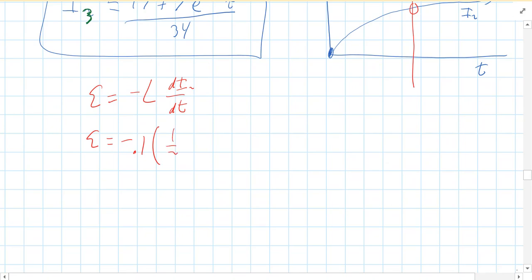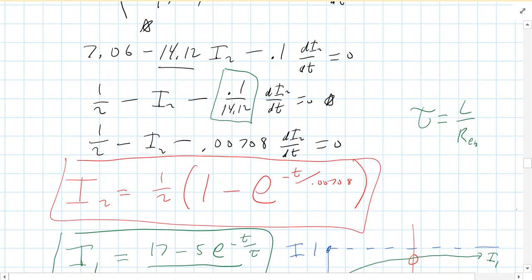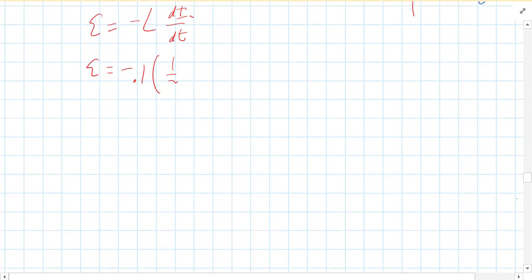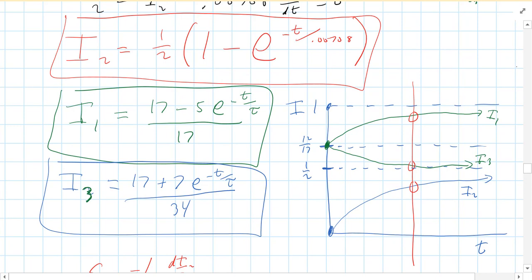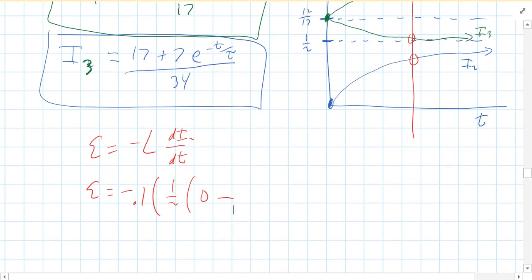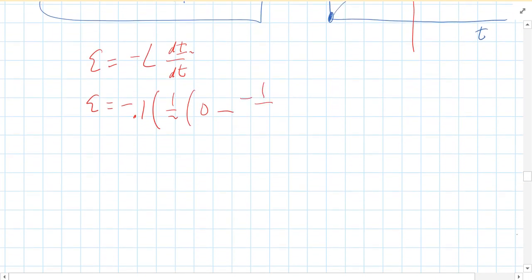Okay, times 0 minus. So times 0 minus. Okay, and then negative 1 over 0.00708 e to the negative t divided by 0.00708. Okay, so that is your voltage across the inductor, or of the inductor, as a function of time.